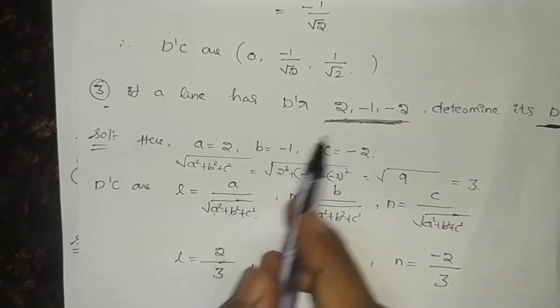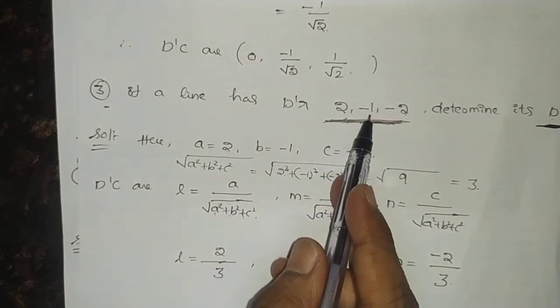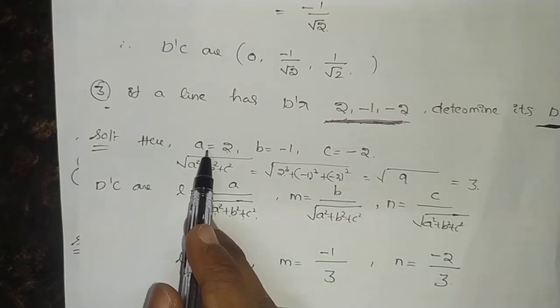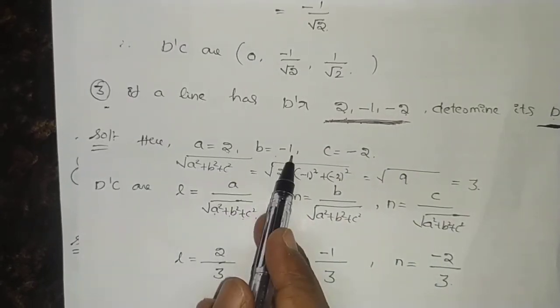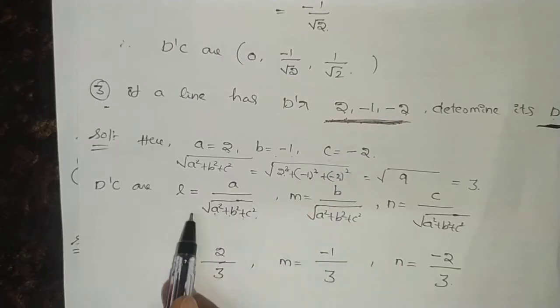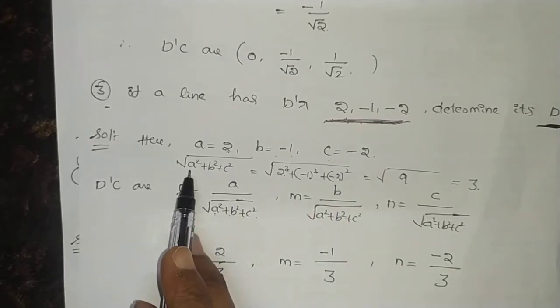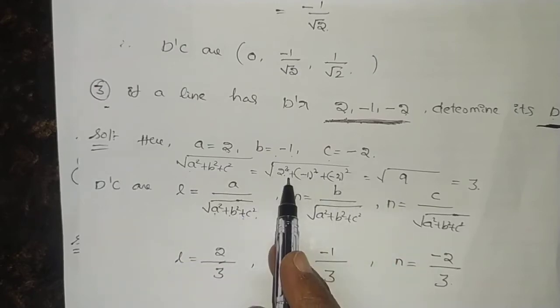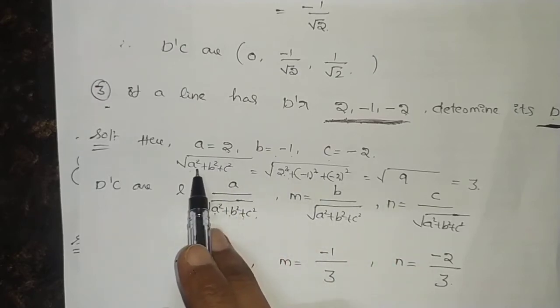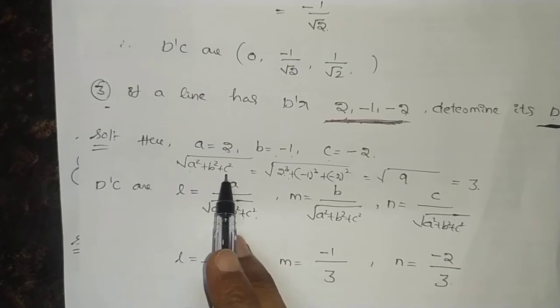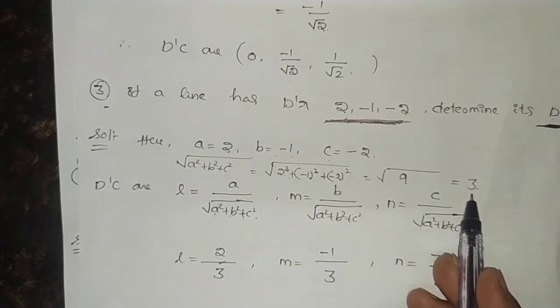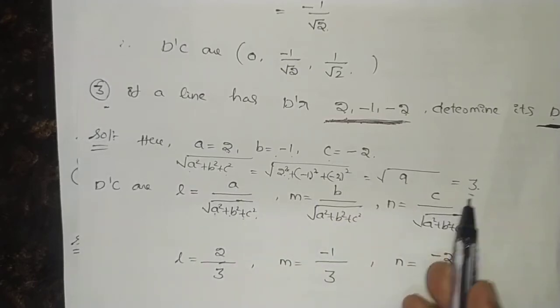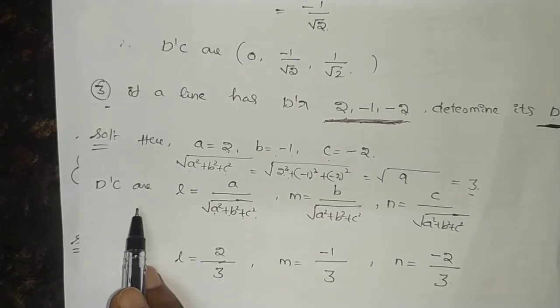Understand? Here the direction ratios are given: 2, -1, -2. a equals 2, b equals -1, c equals -2. We need square root of a square plus b square plus c square, substituting a with 2, b with -1, and c with -2. Finally we found the value 3. Next, direction cosines we have to find.